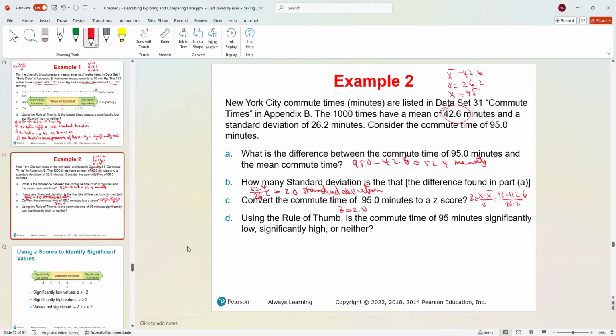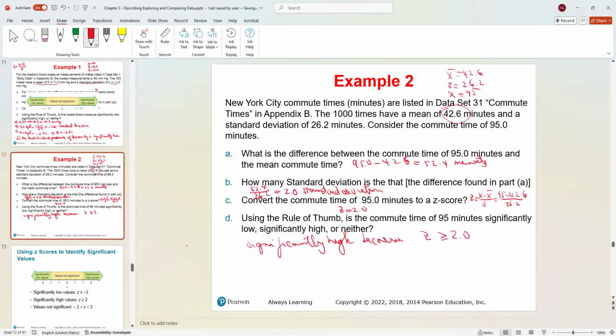Okay, is the commute time of 95 significantly low or high? Remember, we said if it's above 2, is it significantly low or significantly high? Well, the commute time is significantly high, because remember, Z is at least 2.